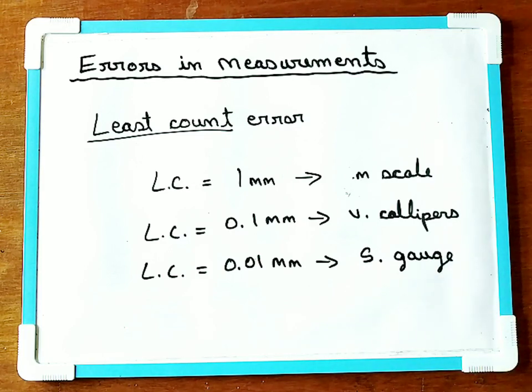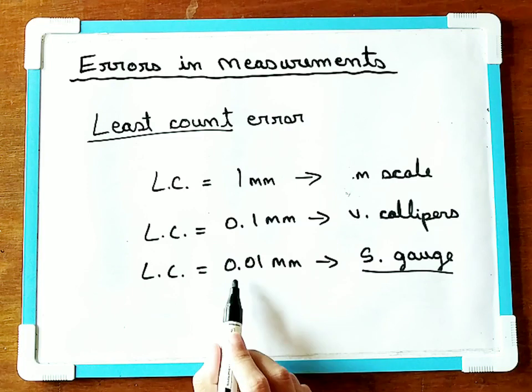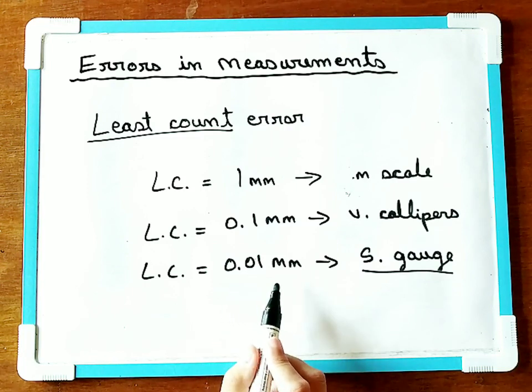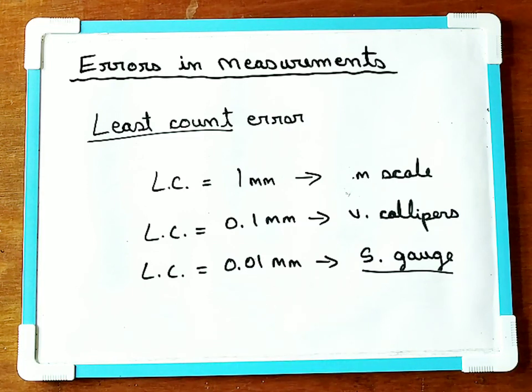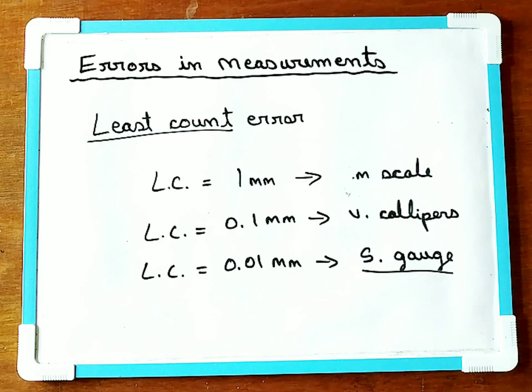Out of these instruments, which has more accuracy? It is the screw gauge, because it has a least count of 0.01 millimeter. It can measure the thickness of a sheet, or the thickness or diameter of a wire. Here you can measure the diameter of a spherical body or a cylindrical body.